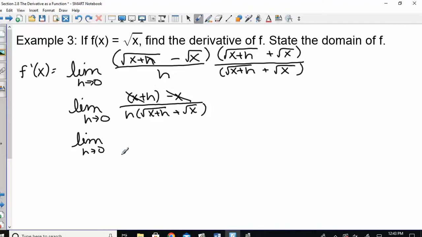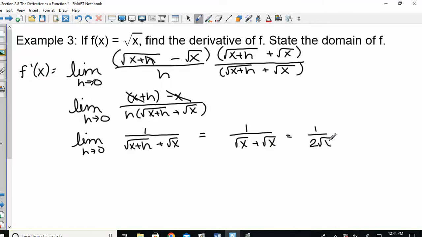X's cancel. Then I have h over that. So I could go ahead and reduce an h. So if I plug in 0, I get 1 over 2 square root of x.